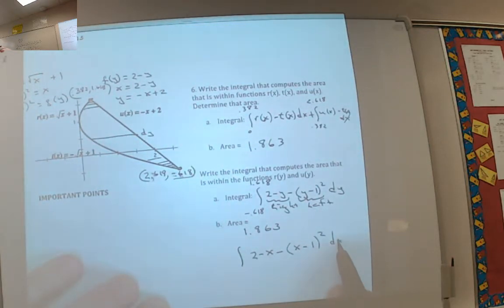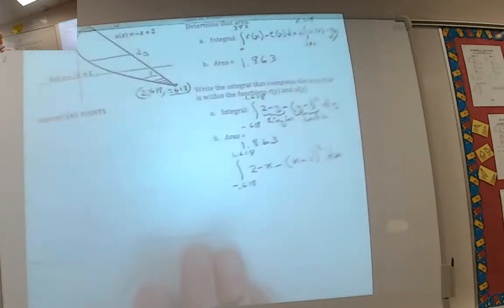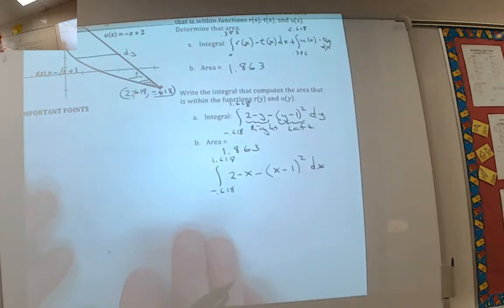And so, you'll need your x with your dx. But you're also going to integrate from a negative 0.618 to 1.618, and it'll give you the correct answer. Somebody said on their calculator they were able to integrate in terms of y. I have no idea how to do that.